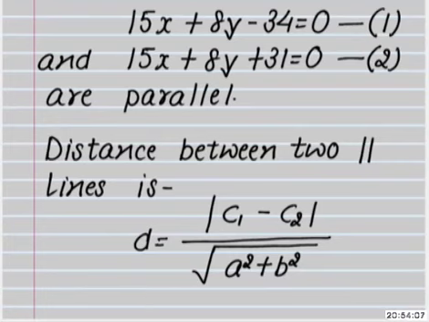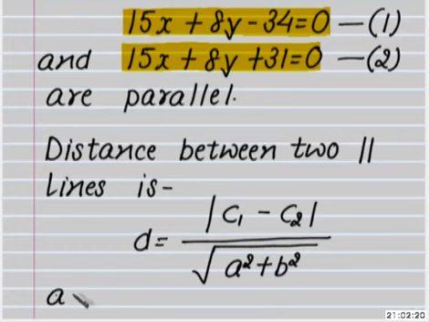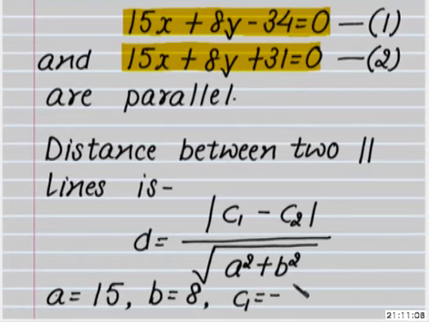Now, from equation number 1 and equation number 2, A is equal to 15, B is equal to 8, C1 is equal to minus 34 and C2 is equal to 31.